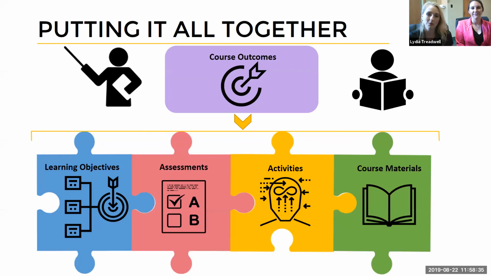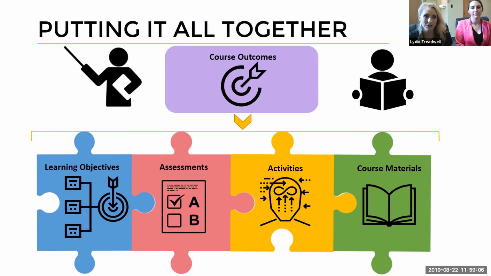So putting it all together, wrapping it up into one beautiful aligned bow. When a course is properly aligned, those critical course components, your outcomes, your objectives, assessments, activities, and materials work together throughout the course to achieve that desired learning outcome. As an instructor, when your objectives are specific, measurable, and observable, and then properly aligned to those assessments, and those assessments are supported by relevant and appropriate activities and course materials, you have a clear line of evidence as to whether or not students have achieved the learning outcomes.